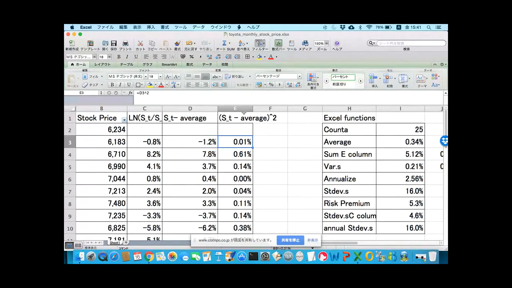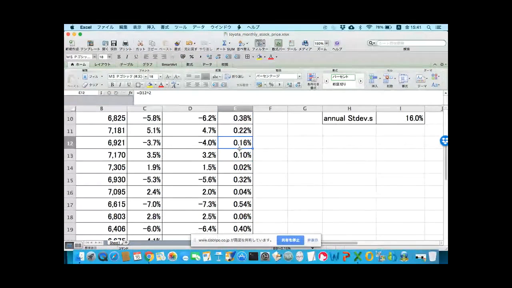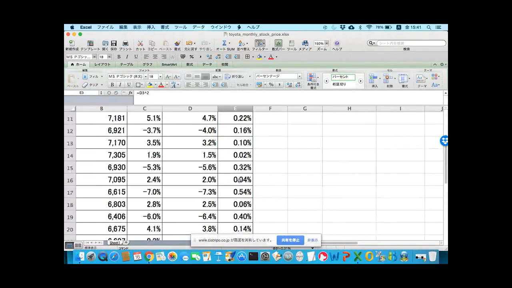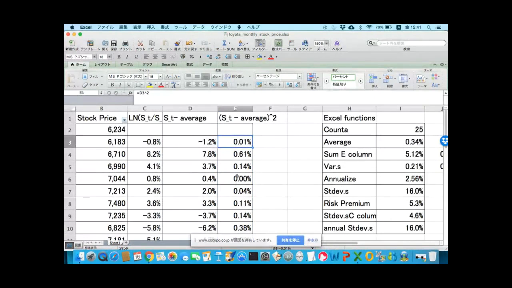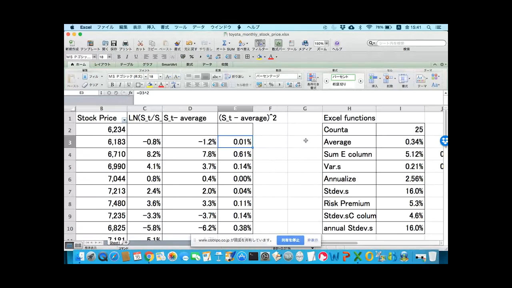Okay, would be 0.01%. So the squared things are here in column E, right? And what should we do next to get a variance? For variance, we sum up all these squared differences, and the result will be here.